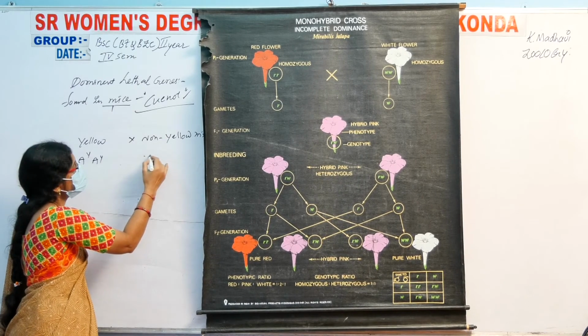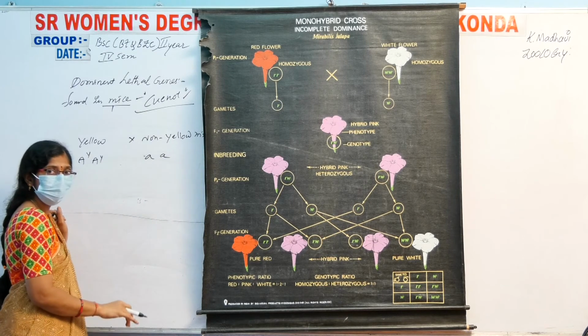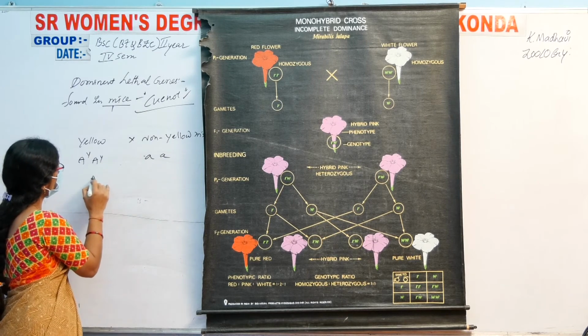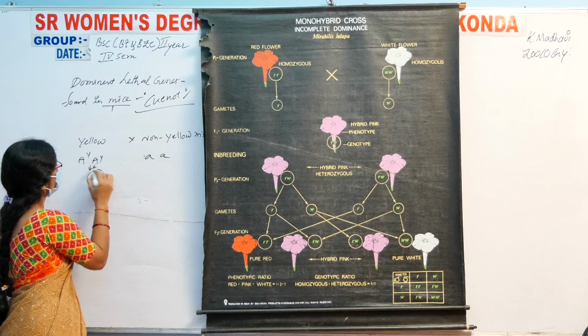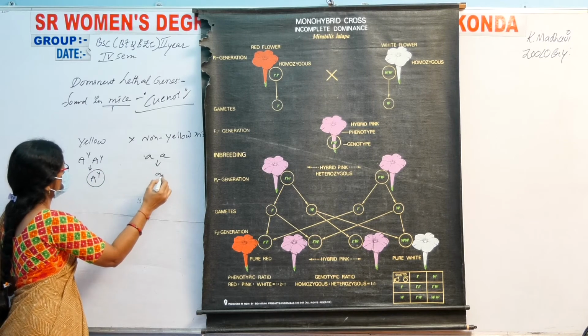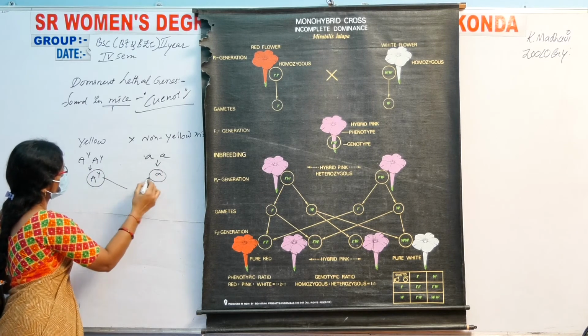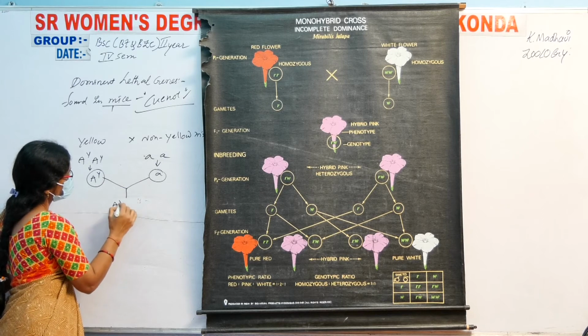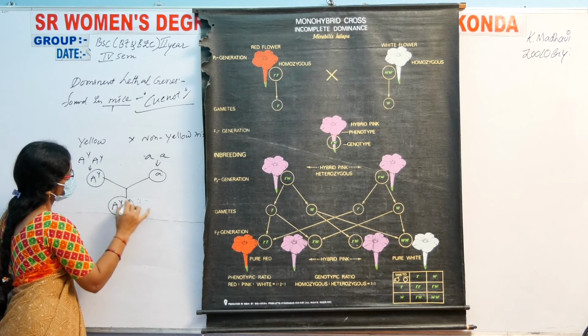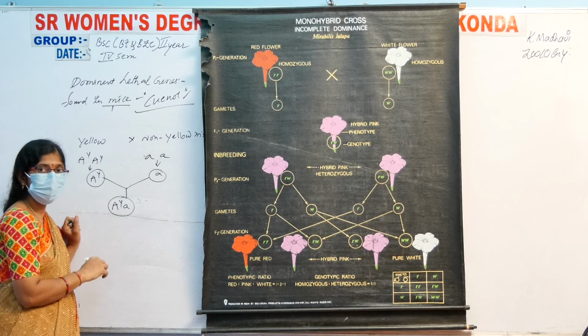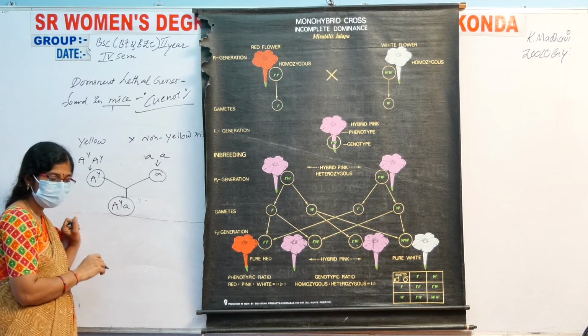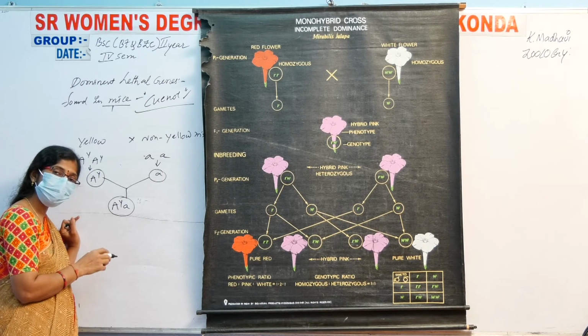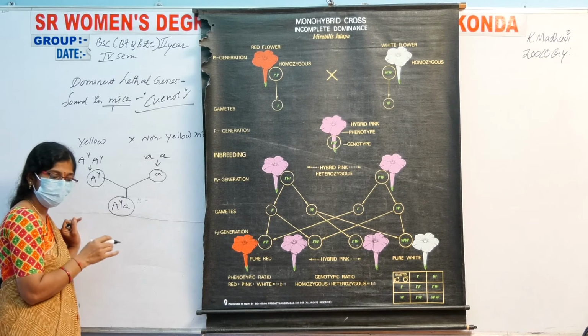It can produce small a gametes, and the other parent can produce small a gametes. Both are used to form the hybrid. This hybrid here is indicated by the yellow color.